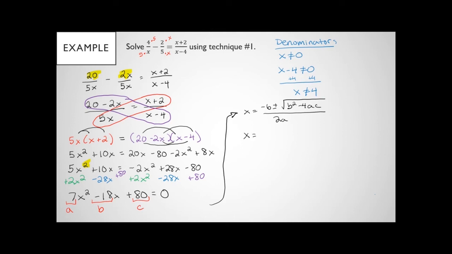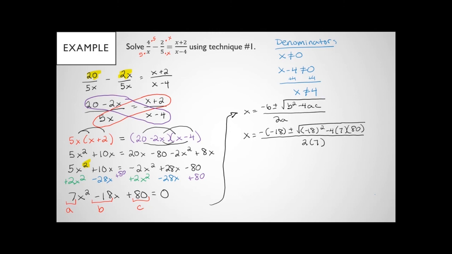B is negative 18, and we have a negative b, so this is going to be a negative negative 18 plus or minus the square root of negative 18 squared minus 4 times a, which is 7, and c, which is 80, and then in the denominator 2 times a, so that's 2 times 7.